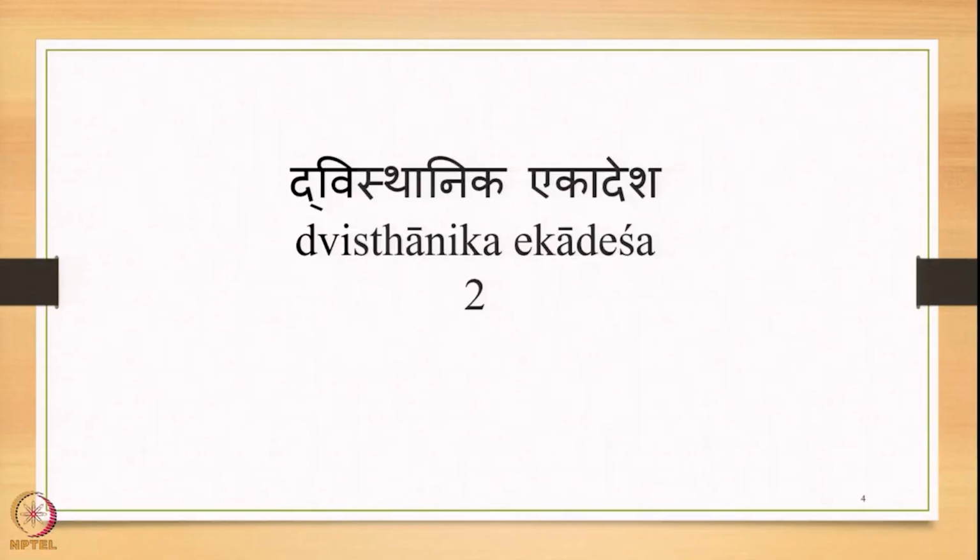There are two broad classifications of ach sandhi. On the screen we see mention of the second one, Dvisthanika Ekadesha. The first one is Ekasthanika Ekadesha, where you have Ekasthani and Eka Adesha, one substituent and one substitute.